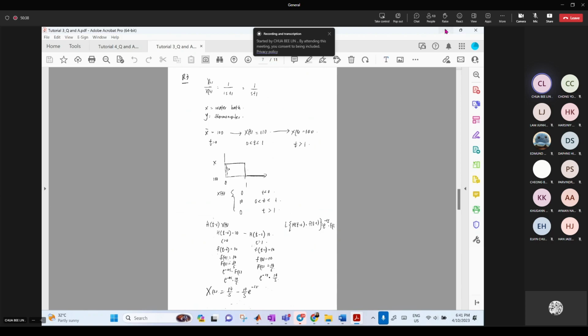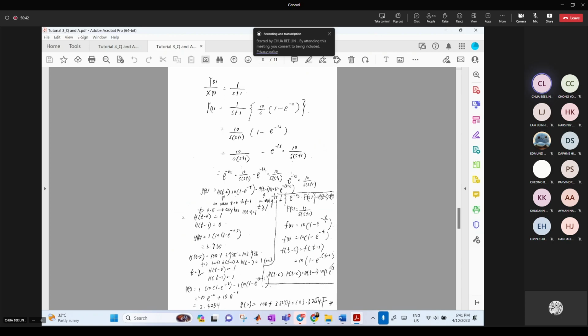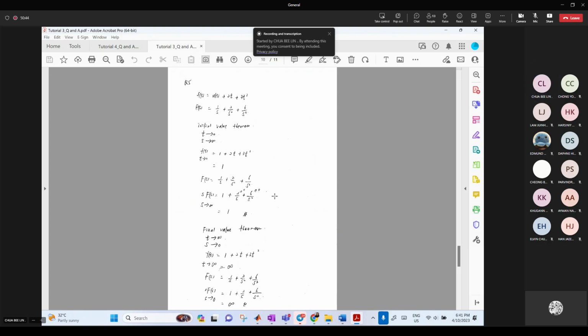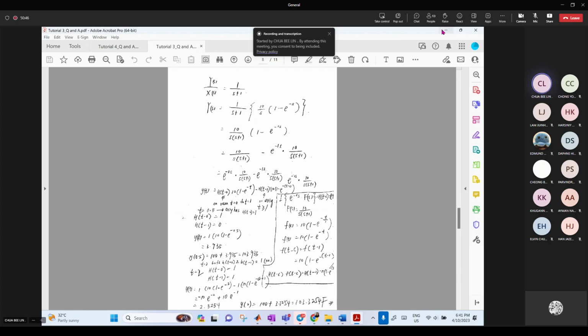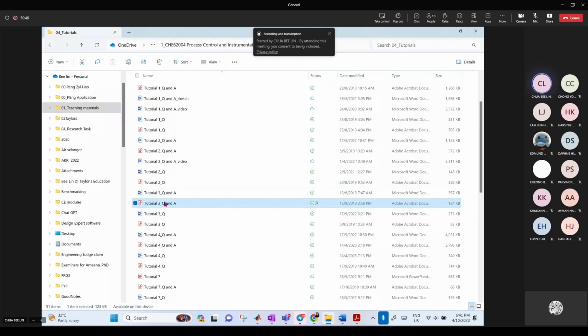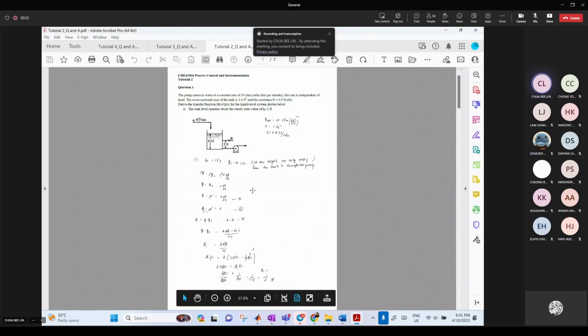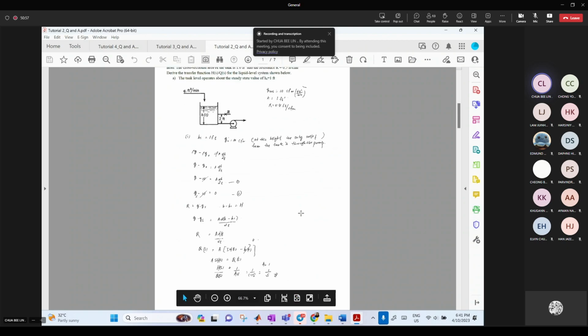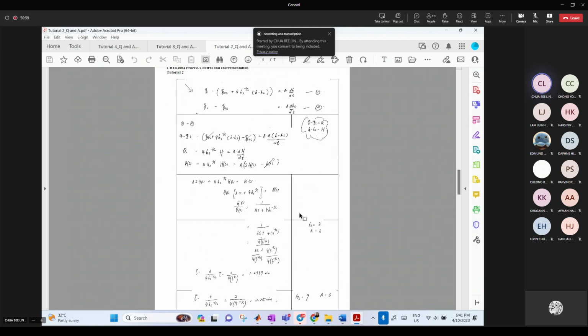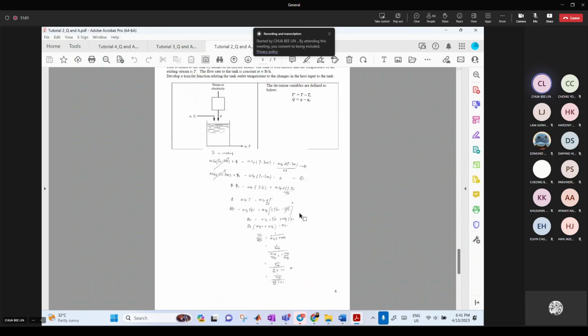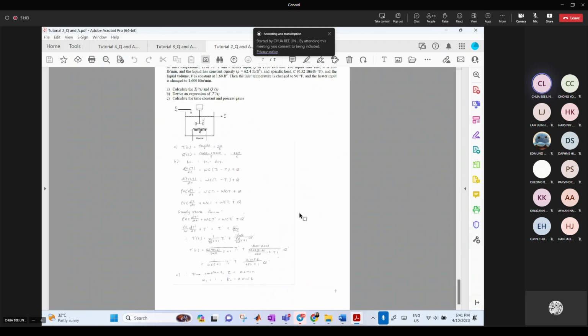And the other one, linearization. I think it is tutorial 2. This one is an example where you can see one of the control variables is not to the power of 1, where we use the Taylor series expansion to solve.